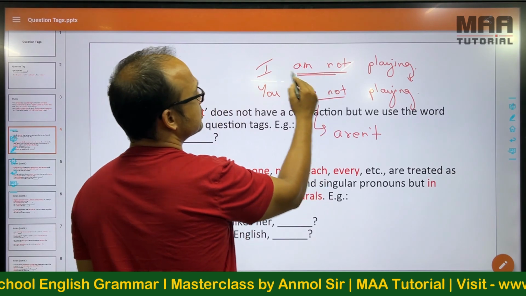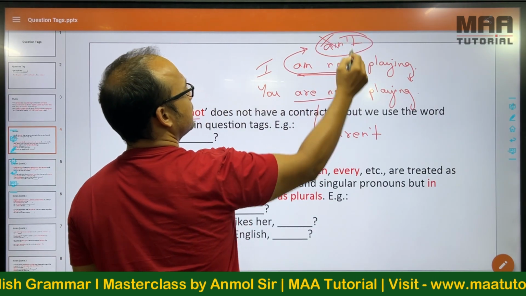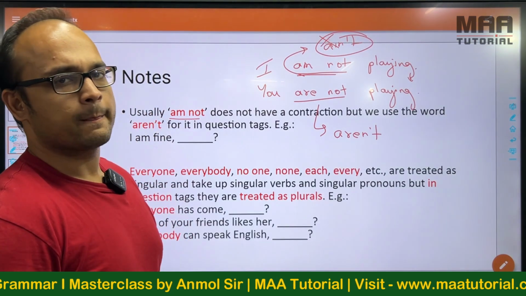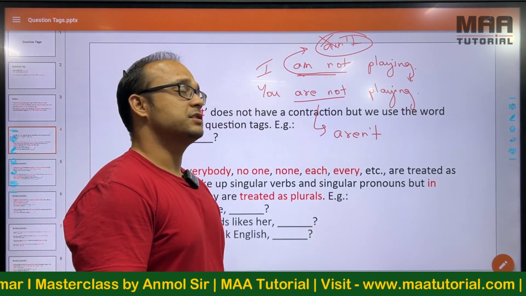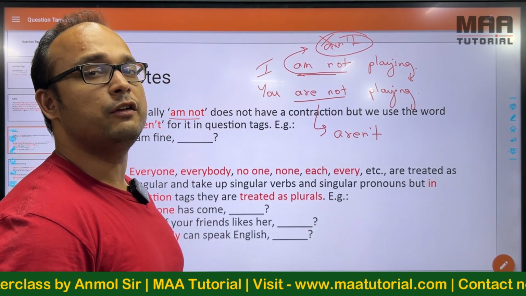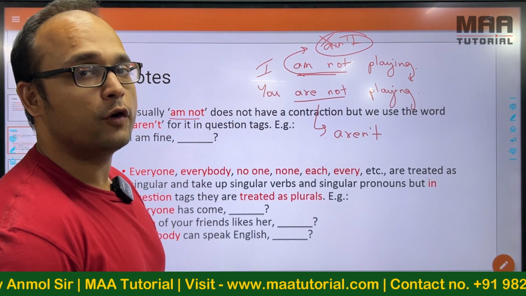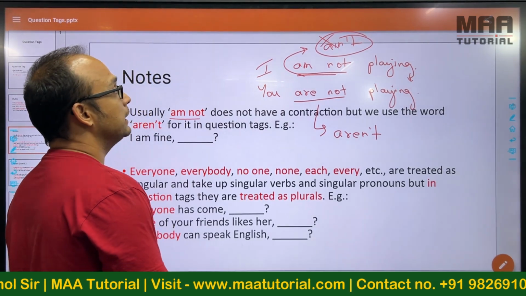But there is no contraction for am. Some people will say ain't, but ain't is not correct English. It is considered to be incorrect grammar. You can use it in spoken language informally and casually, but you cannot use it in a formal setting like an office or a school.